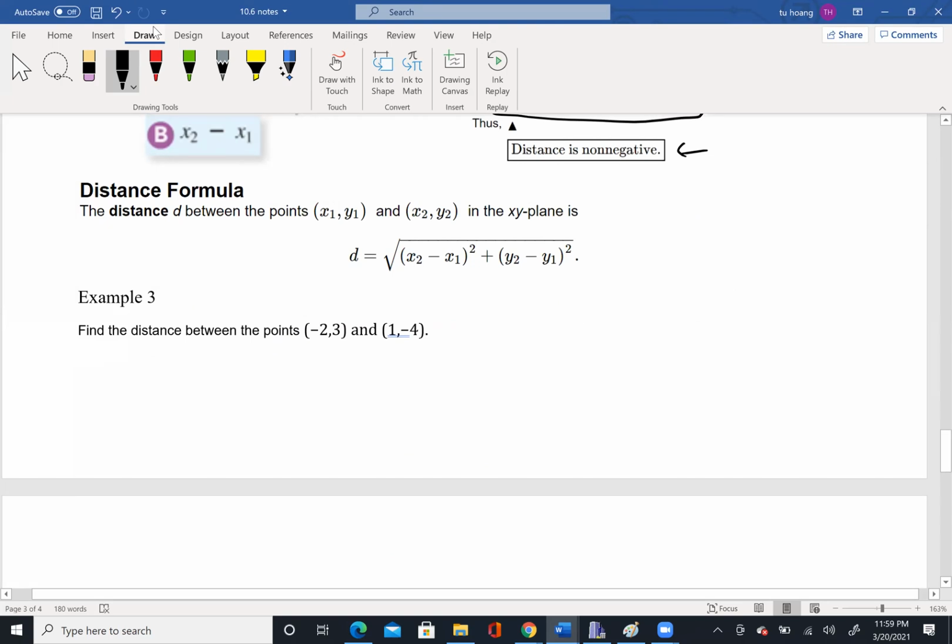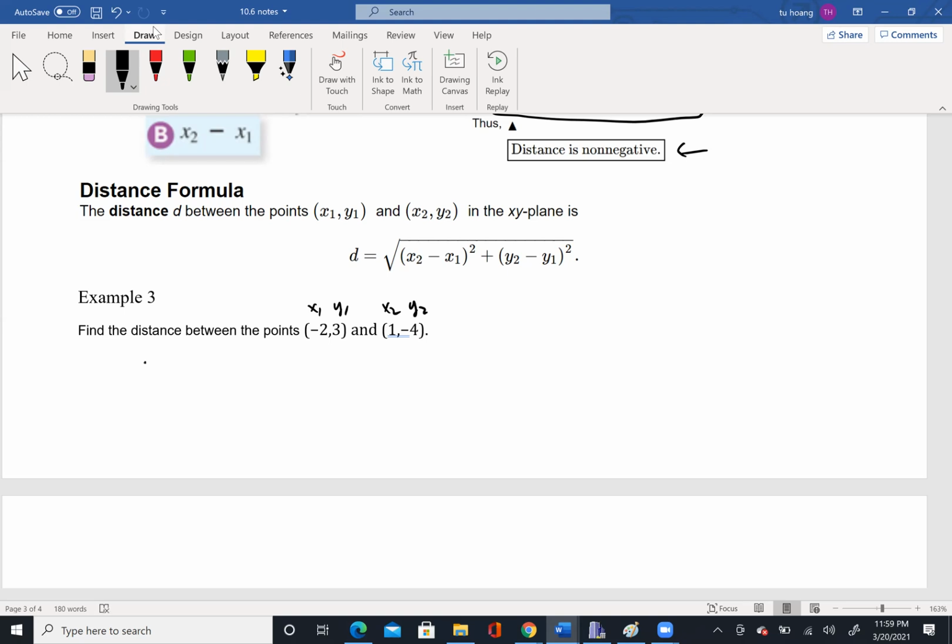Okay, so let's do an example over here. Say find the distance between the points (-2, 3) and (1, -4). Let's label: here's x1, y1, x2, y2, right?